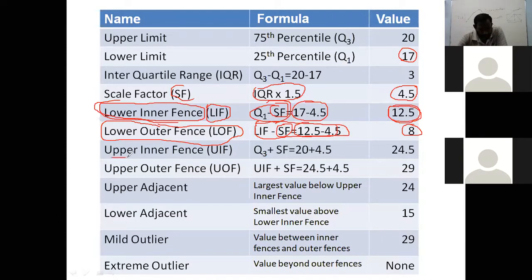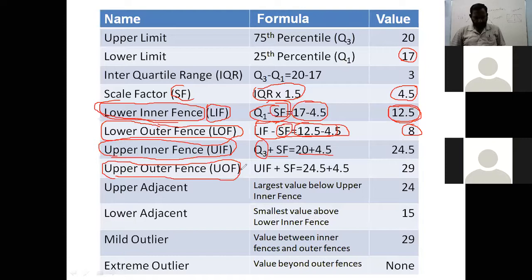Similarly, we can calculate the inner fence and the outer fence for the upper value. That is based on Q3 plus scale factor. So Q3 is 20 plus 4.5.